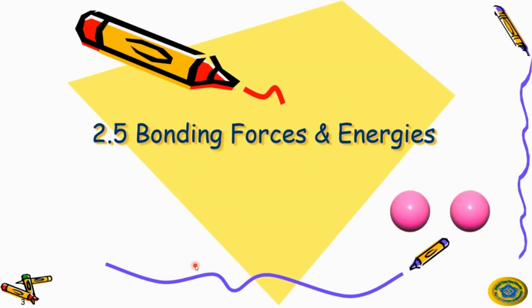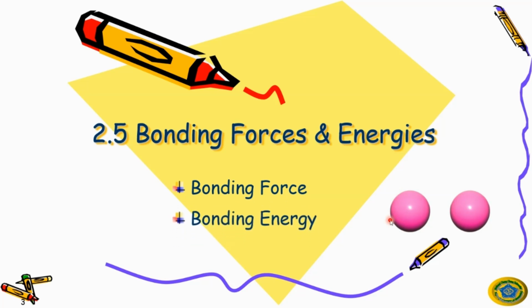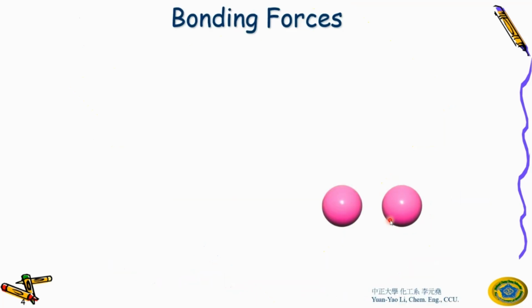Okay, so first of all, let's move to 2.5, bonding forces and energies. We are talking about two atoms, and between them there's a force that attracts each other and binds them together, and energies. The first one is bonding force, the second one is bonding energy, and then different types of bondings.